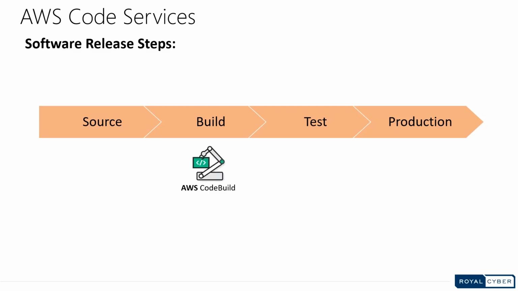The next component here is that if we wanted to utilize CodeBuild for this process, that would be definitely acceptable. As we stated, we're going to be building a binary application, so in our example, we're going to be using Jenkins for that build. The idea here is that we want to build as efficiently and as cost effectively as possible.